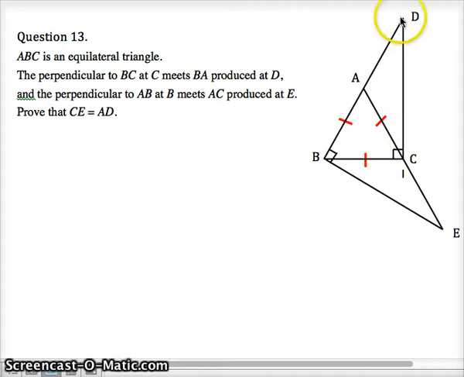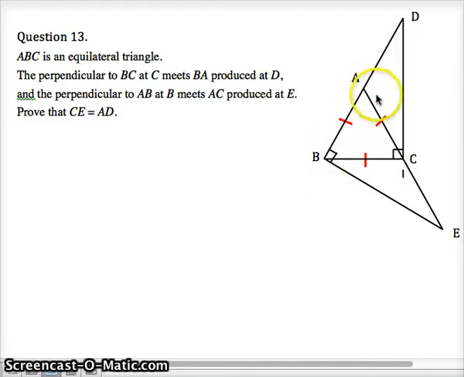So that perpendicular meets BA produced. Now BA produced means you extend BA and it gets extended all the way to D. So therefore we can see the perpendicular to BC at C meets BA produced at D, and also the perpendicular to AB at B, so we have another perpendicular drawn there at B, meets AC produced.